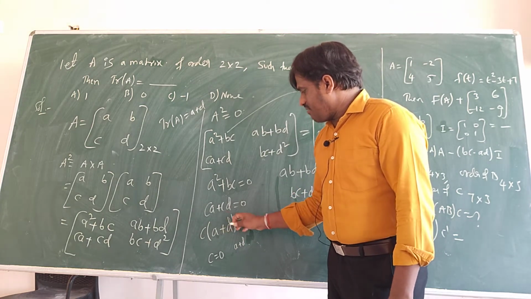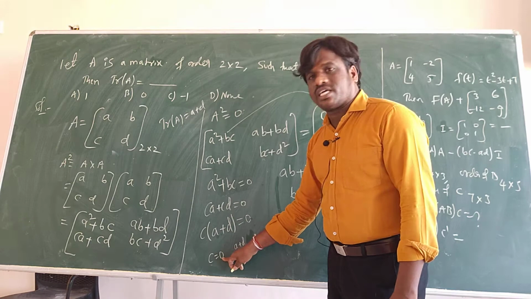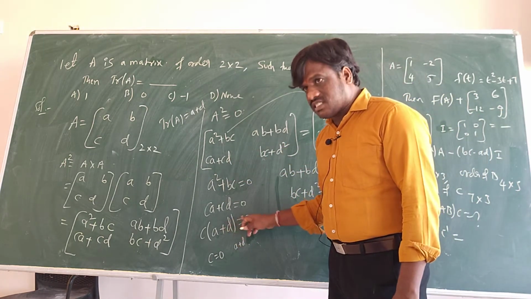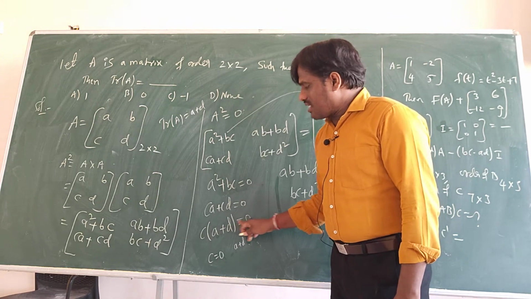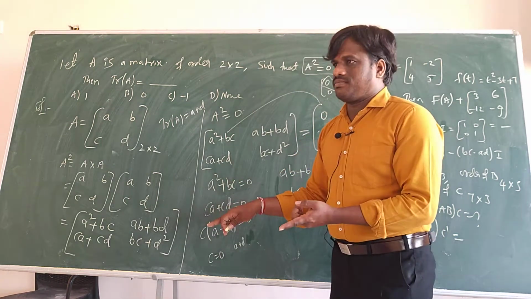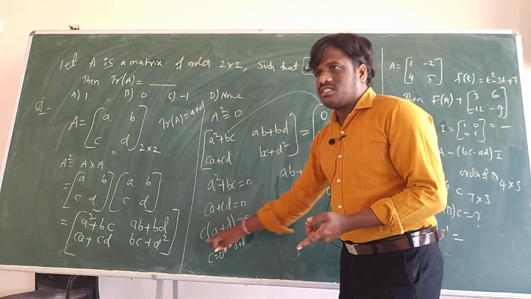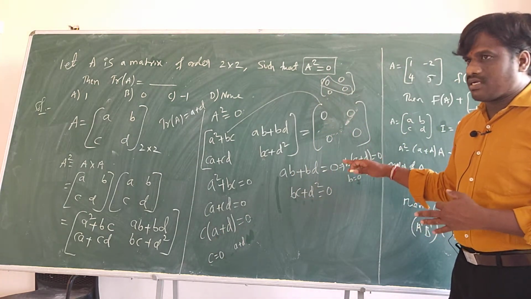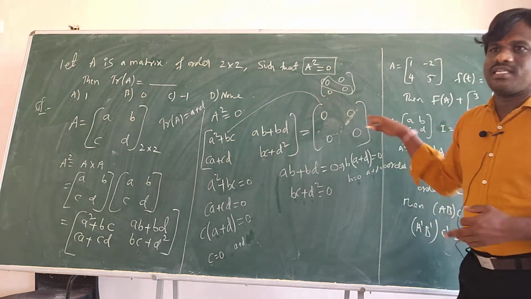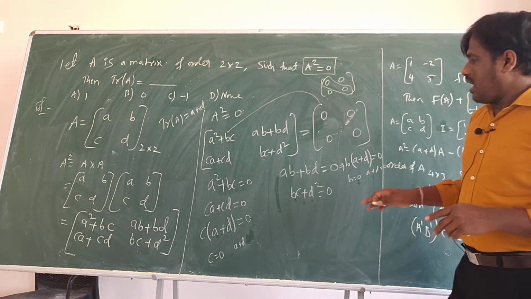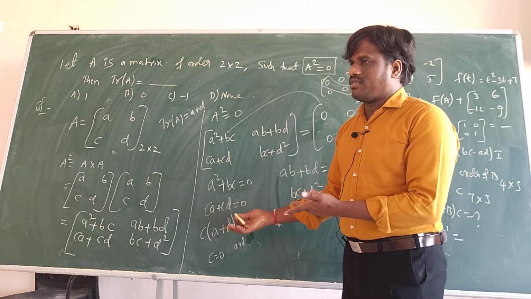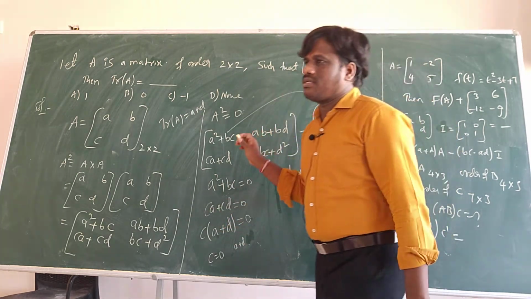If I am not taking this as 0, then C I am getting 0. If I am not getting that 0, then B I am getting 0. At that time also you are getting 0 answer. And if I take 0 also, you will get 0 only, trace of A. So finally the answer will be 0.